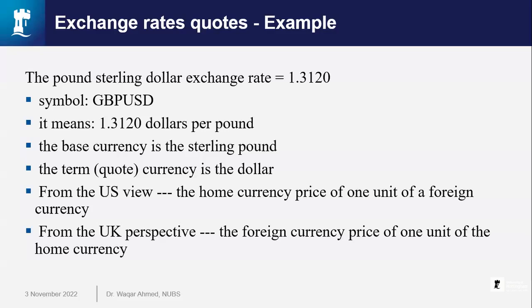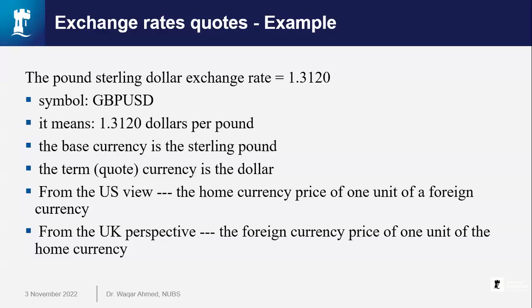So if you look at this quote from a US perspective, what will they see? The home currency price of 1 unit of a foreign currency, right? So if you are a US citizen and you're in the US, how would you interpret this quote? Home currency price in terms of 1 unit of a foreign currency, which for a US individual will be pounds, right?